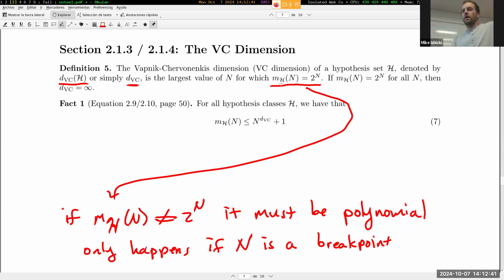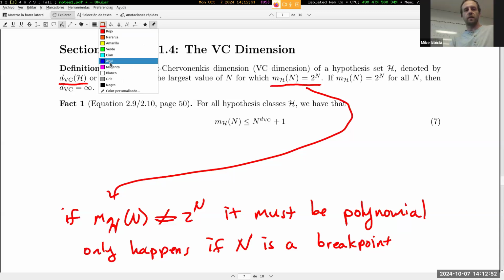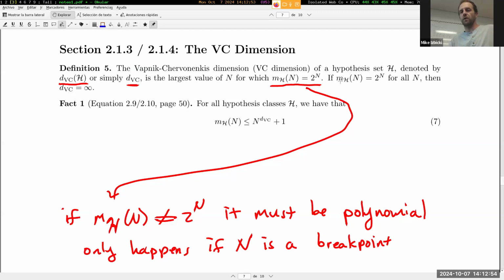The majority of hypothesis classes that we'll look at in this class will have a finite VC dimension, so a finite breakpoint. But occasionally we will see things that have an infinite VC dimension. If mH of n, our growth function, is always exponential, there is no breakpoint, then we say that the VC dimension is infinite.